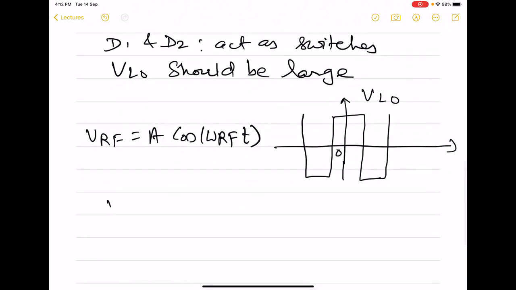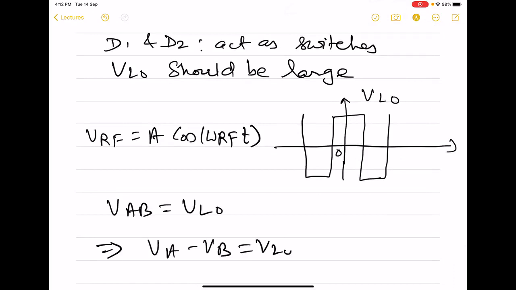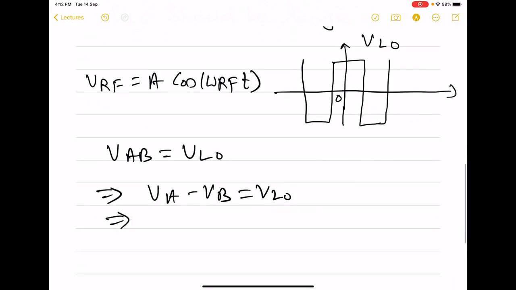So VAB is equal to VLO, and VAB is nothing but VA minus VB, which is equal to VLO, and VB is VRF.